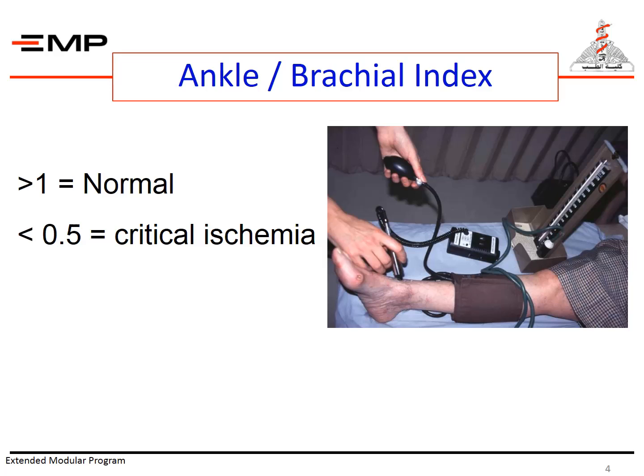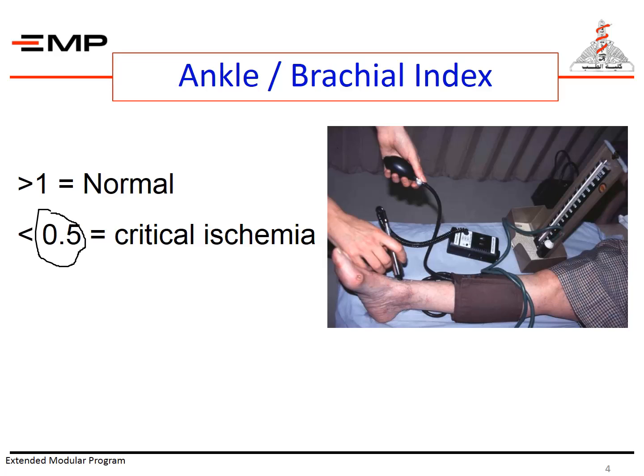The ankle brachial index is normally above 1. This is because the pressure within the lower limb arteries is normally higher than the pressure in the upper limb arteries. An index of 0.5 is found in limbs with critical ischemia.